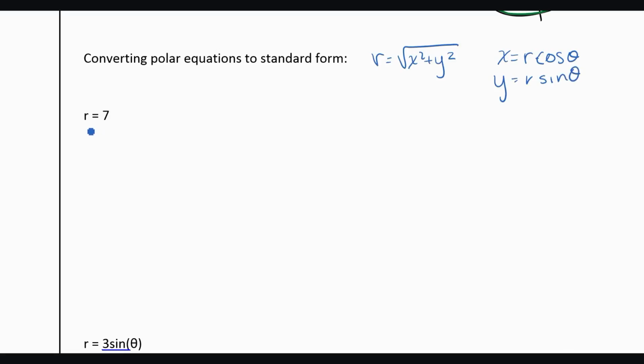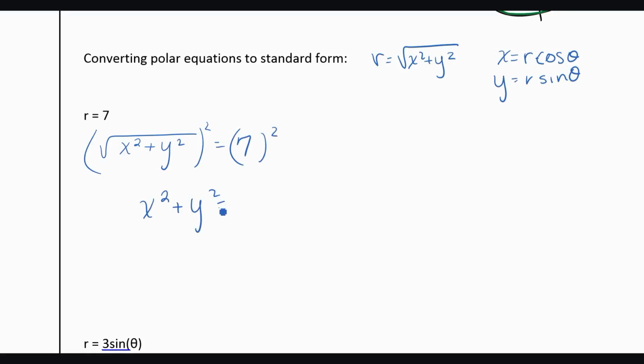Here we just have r equals 7, which would be a circle like we just talked about with radius 7. For r we would plug in the square root of x squared plus y squared. And to make this look a little nicer, we'd square both sides to get rid of that square root. We would write this as x squared plus y squared equals 49, which is the rectangular form of a circle centered at the origin with radius 7.